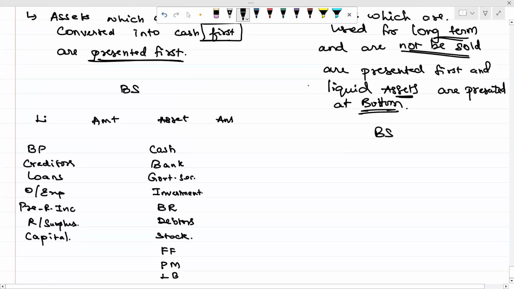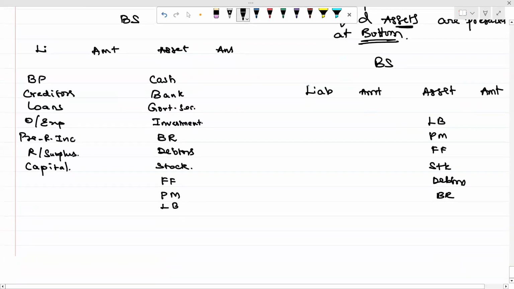Then my balance sheet will be like this: liabilities, amount, assets, amount. In those cases, it will be a reverse ladder: land and building, plant and machinery, furniture and fixtures, stock, debtors, bills receivable, other investments, government securities, banks, cash.